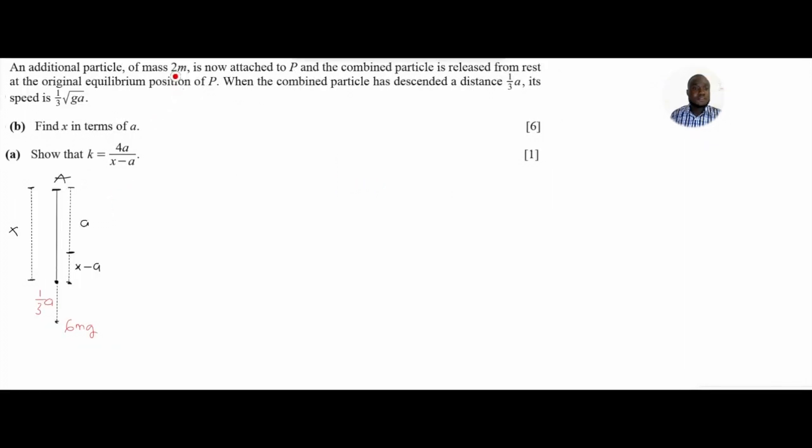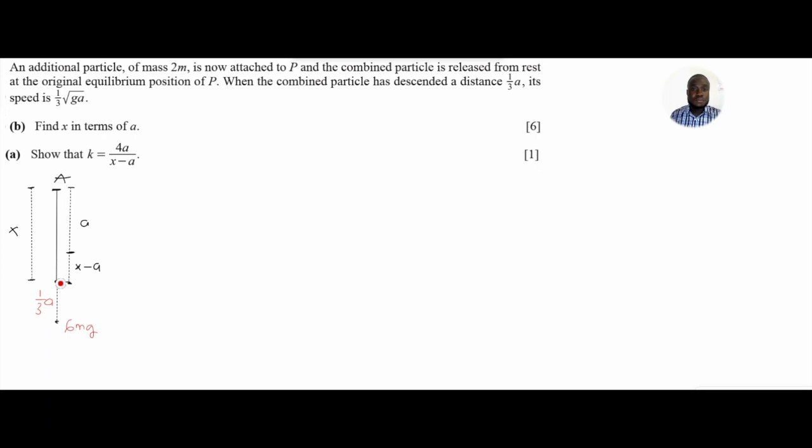Now we have a particle of mass 2m attached to P. You know, P already has a mass of 4m. So now that we have added a 2m mass to P, the total mass is going to be 6m, making the weight 6mg. The combined particle is released from rest at the original equilibrium position of P, which is the point I am indicating.